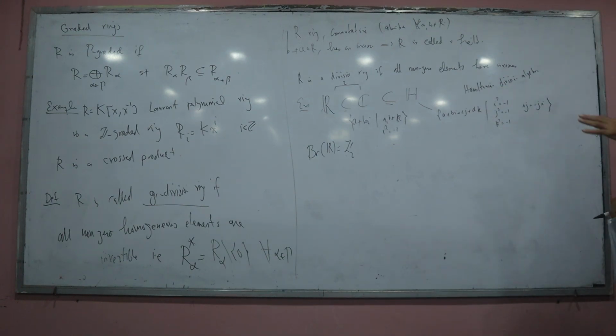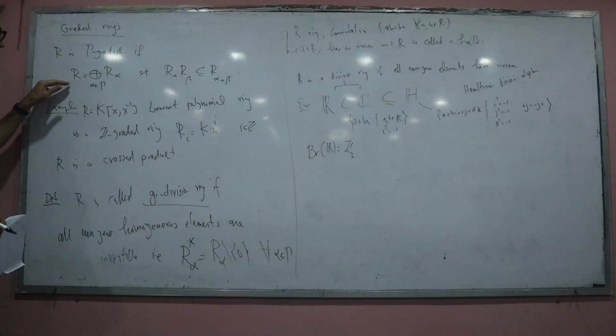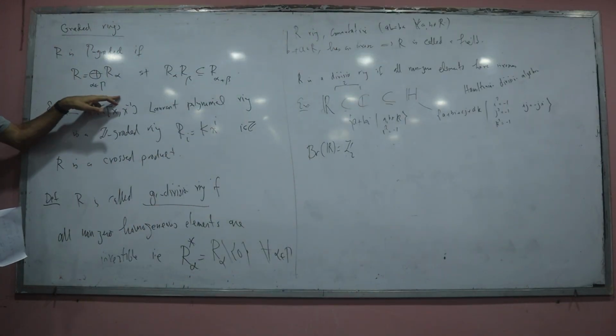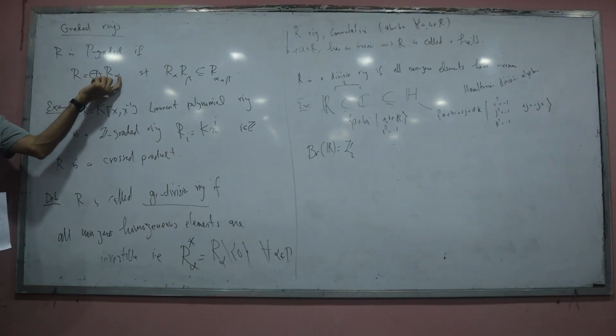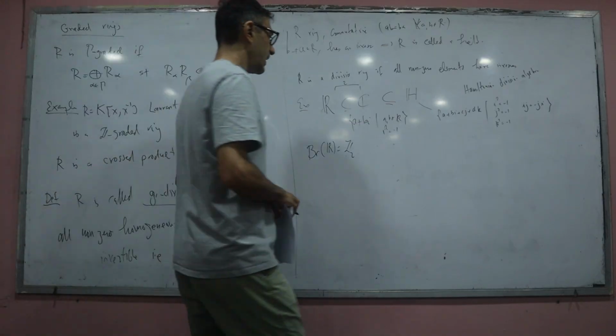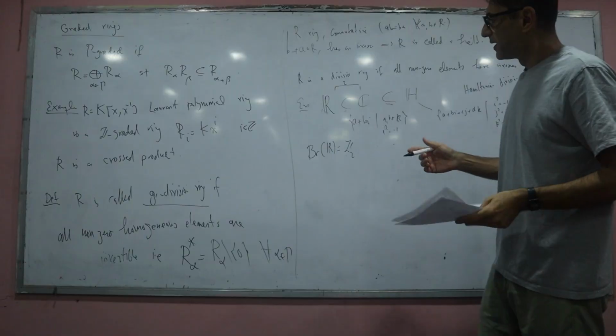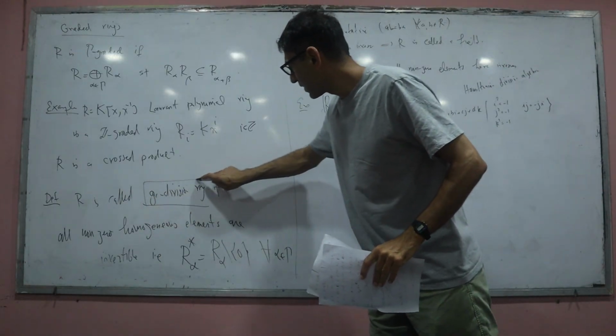Okay, now what I did here is that, I don't know if each element, if you write it down, are invertible. All I want is that these components to be invertible. Then I call it graded division ring. And you can prove that if you're working in a graded setting, this behaves very well.